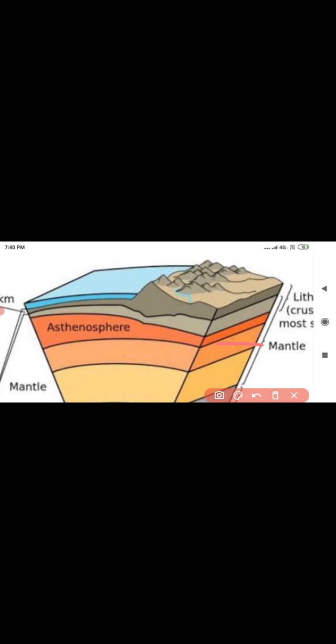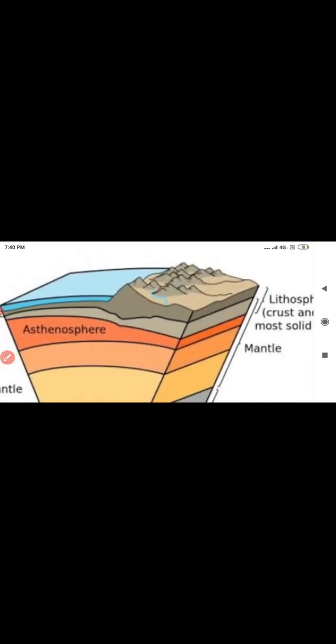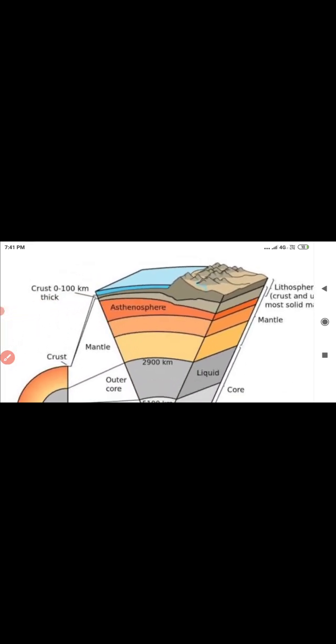So we can say that the upper mantle plus oceanic crust plus continental crust together is known as the lithosphere. Here we can see this blue color, this brown color, and this mustard color. These three together form a layer, and that layer is called the lithosphere.